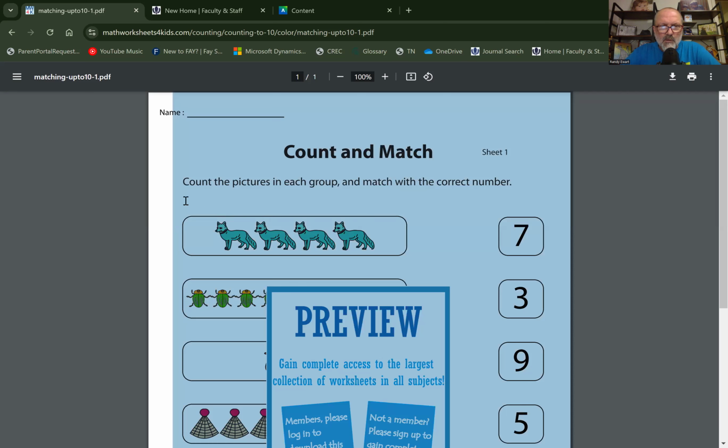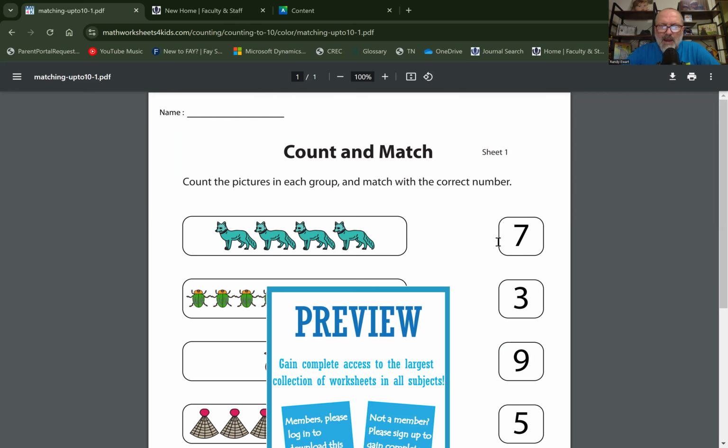So what you'll see here is they are to match the numbers with the group, and that's cardinality. I said one-to-one correspondence. That's also built in here. So what they do is, and let me get a marker. So then they would go, they don't have to circle it, they could just touch it. And they'd go 1, 2, 3, 4, which would be one-to-one correspondence, matching the object with the number.